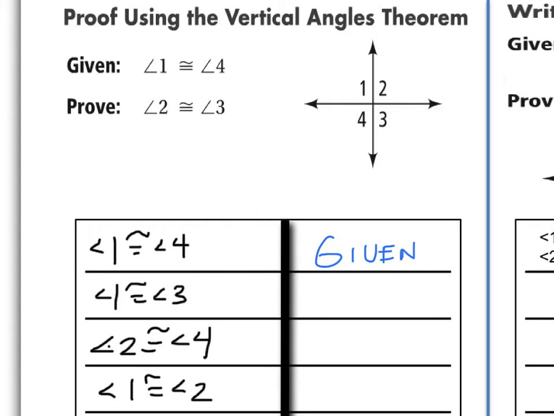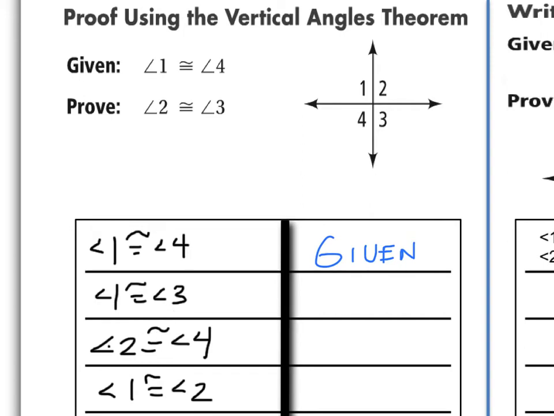Now, make sure you have your tool belt out, because we have to figure out what are legitimate reasons for why we can say these steps. Step 2 says angle 1 is congruent to angle 3.